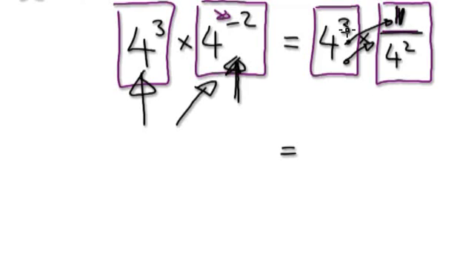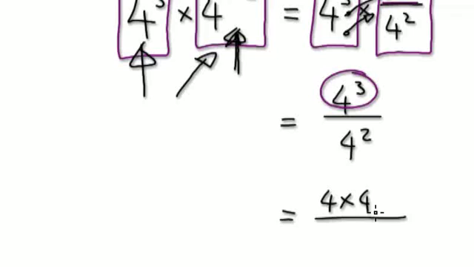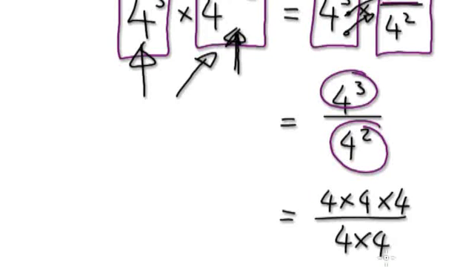Now this one here times this box here will be 4 to the power of 3 over 4 squared. Okay. And now you can visualize it as this: 4 to the power of 3. This means 4 times 4 times 4. Okay, because 4 to the power of 3 means get 4 times by itself 3 times. Now, 4 squared means 4 times 4.